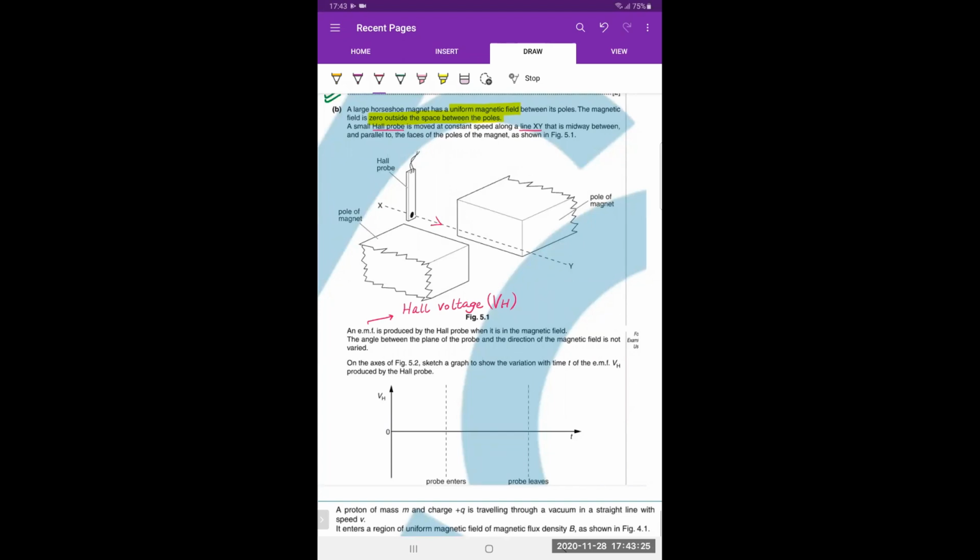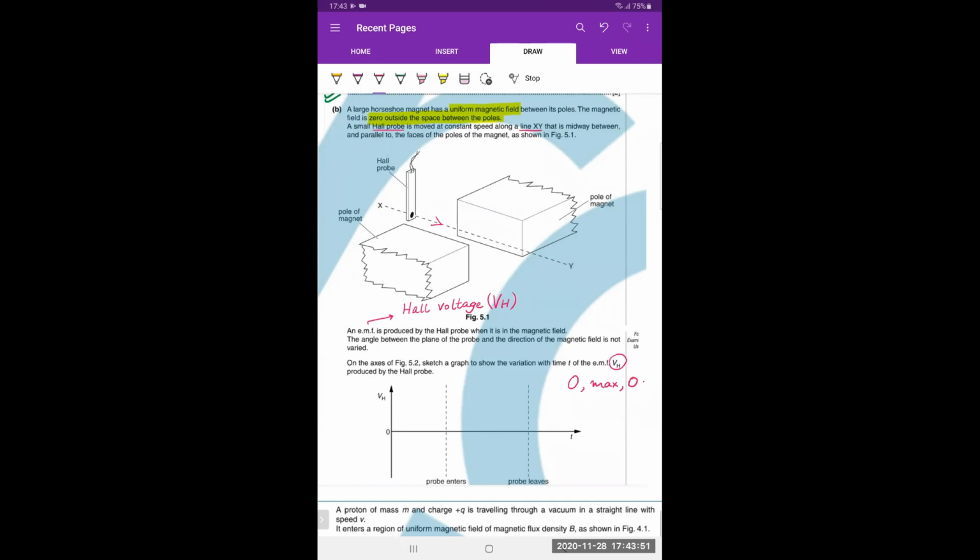The angle between the plane of the probe and the direction of the magnetic field is not changed. On the axis of figure 5.2, sketch a graph to show the variation with time of the Hall voltage. Ryan gave the answer correctly. His statement is 0, maximum, then again 0.